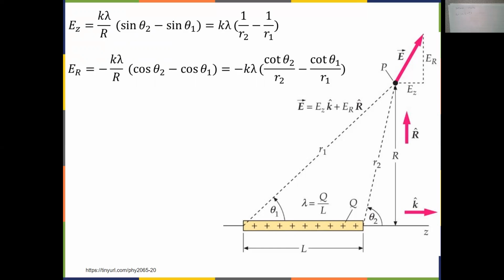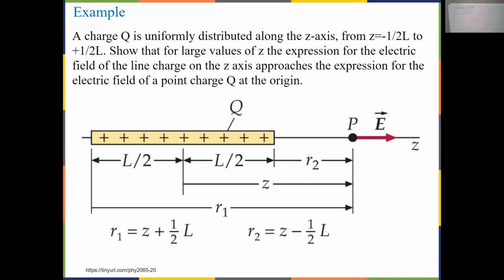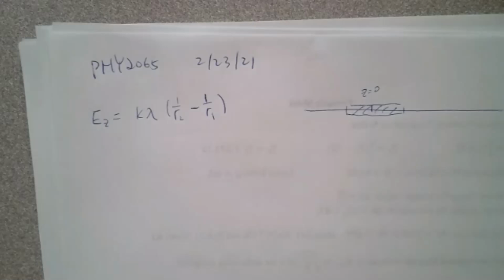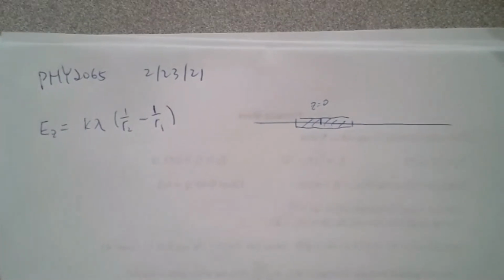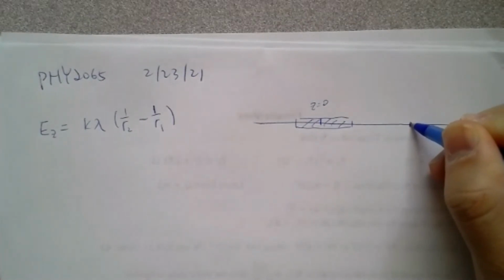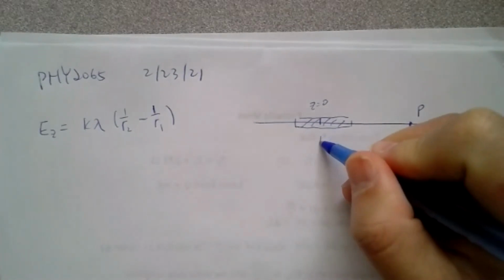Okay, so let's take a look at the figure. This is your Z equal to 0. This is the rod. I'm going to stop sharing my screen. We can take a look on the screen over here. This is your point P, the point of interest.